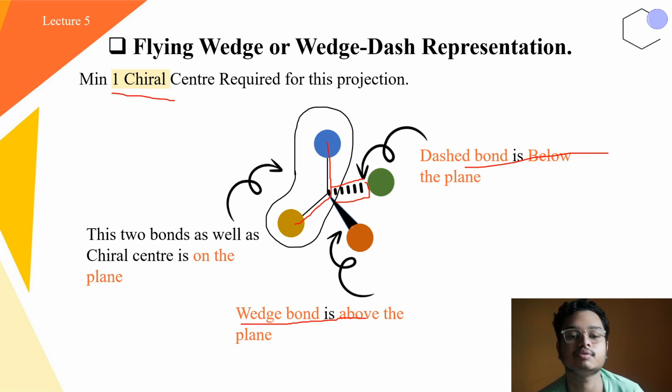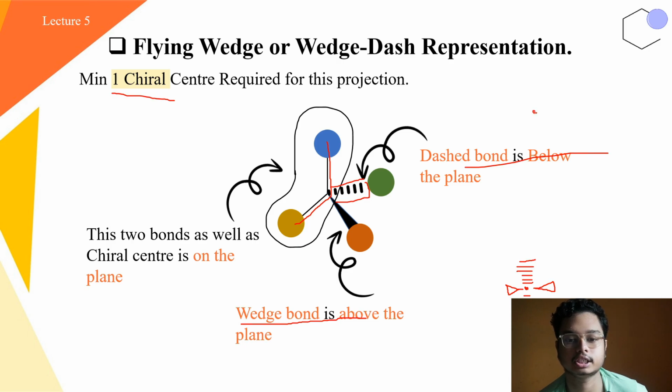Similarly, if we do this wedge-dash representation of a Fischer compound, then we find that the vertical bond is nothing but this, this is our center, and our horizontal bond is this. I don't think that it will be visible due to my screen.